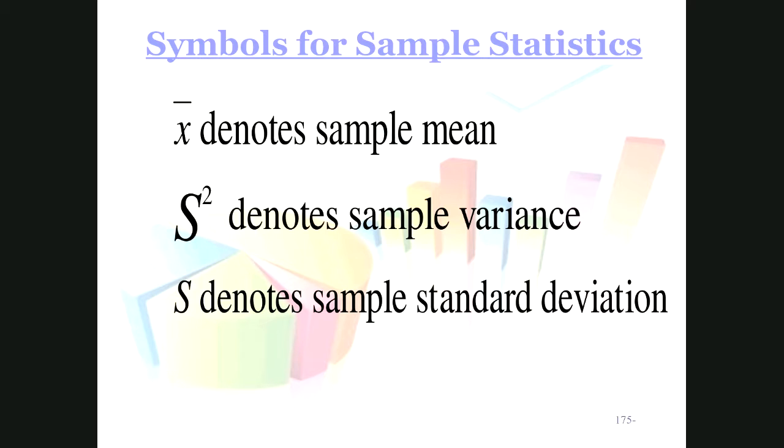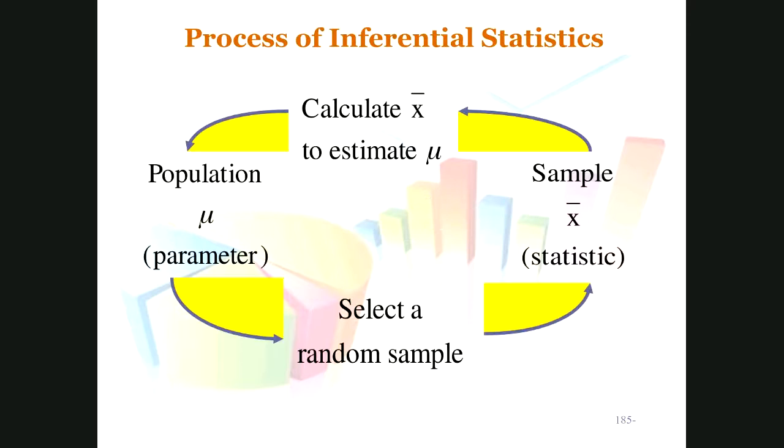And the S denotes the sample standard deviation, basically just taking the square root of the variance. So this is the process for inferential statistics. You calculate the mean to estimate the population mean. Population mean is the parameter, the sample mean is the statistic, and then you select a random sample.